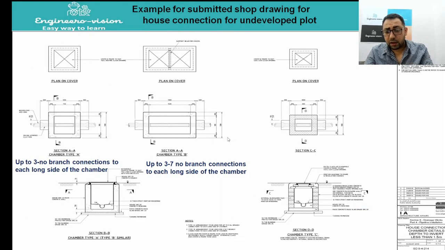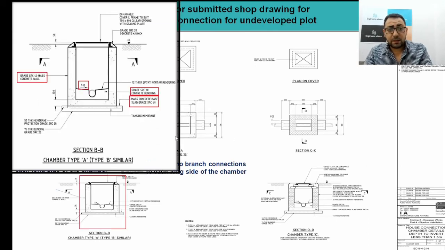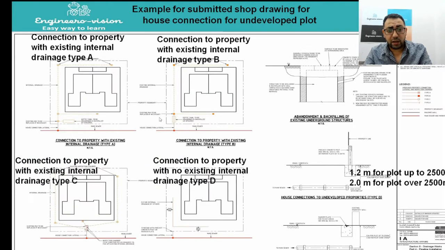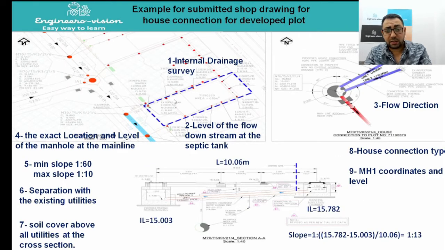Okay, now we have something else called chamber type C. What is type C? Type C is for the case where we have some chambers we need to construct inside the building, and due to their deficiency or their level not being compatible with our MH1 and our main network, we need at that time to adjust this inspection chamber.